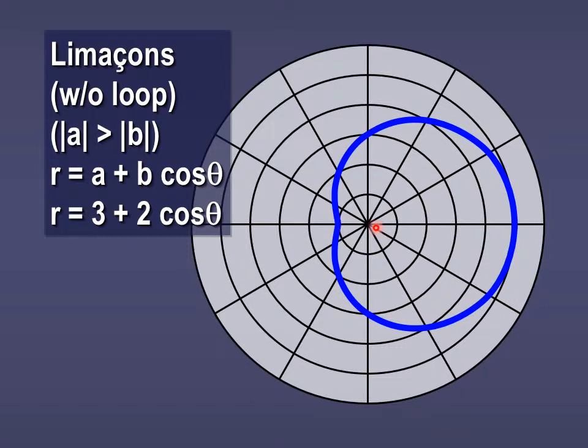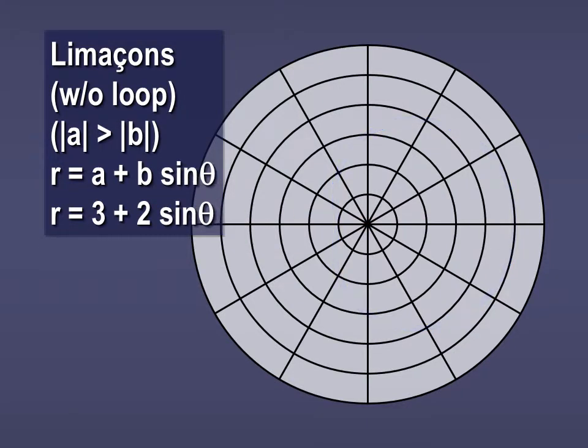But notice that your 3 is 1, 2, 3 from the origin here. So that's still helpful to know, like that space should be 3 because your constant term was 3. And since a is greater than b, it's going to be going out from the origin. It's still going to make a heart shape, just not as defined because it's not going all the way in to the origin.